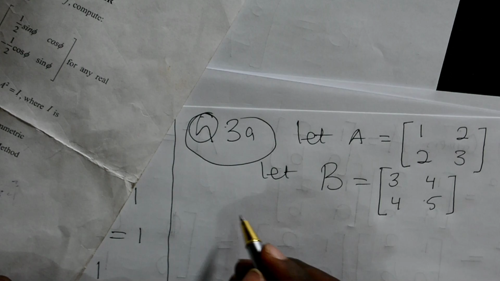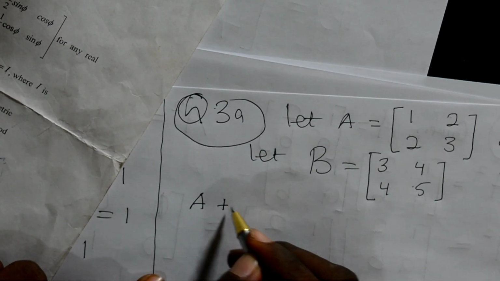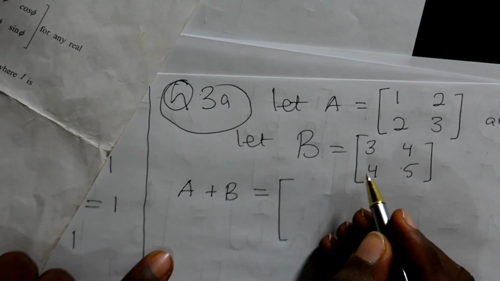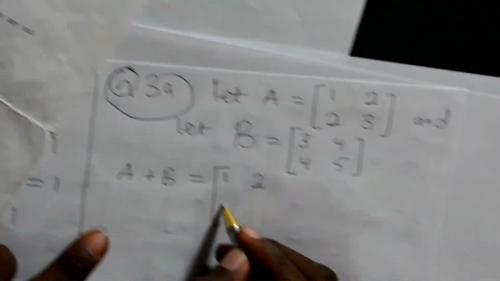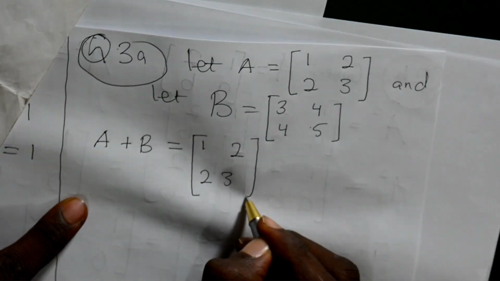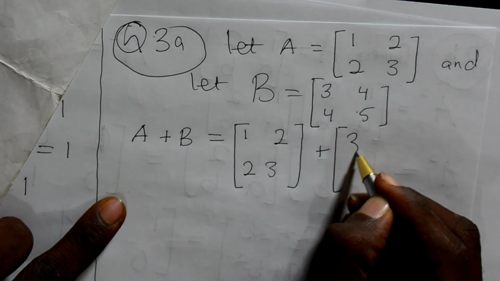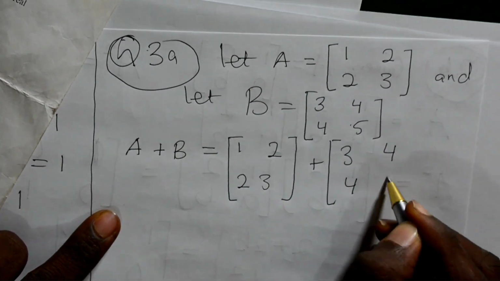So now we are going to find A plus B. This A plus B will be 1, 2, 2 and 3 as A, plus the matrix B, 3, 4, 4 and 5.